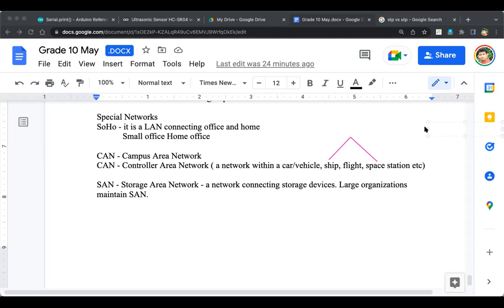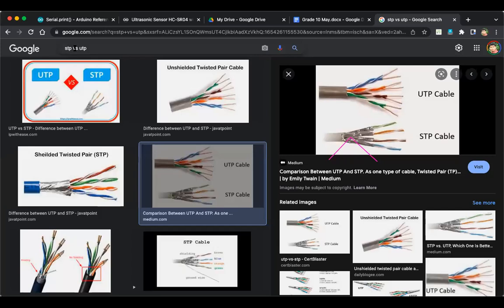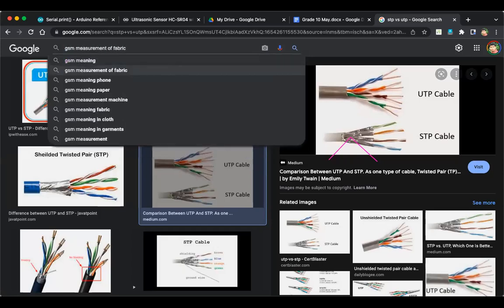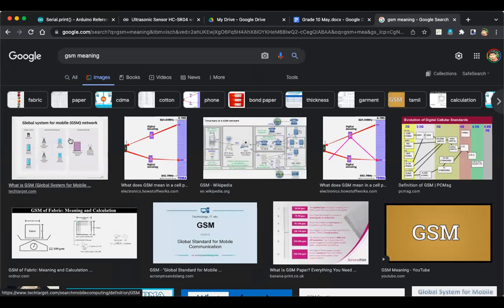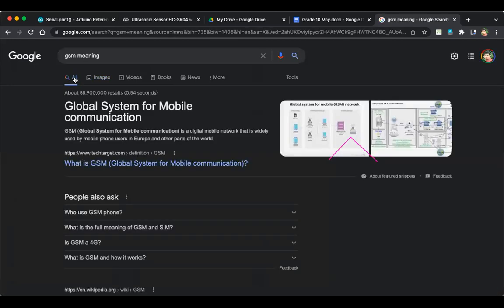GSM is global service for mobile. I cannot remember the exact words, but the meaning is global system for mobile communication.